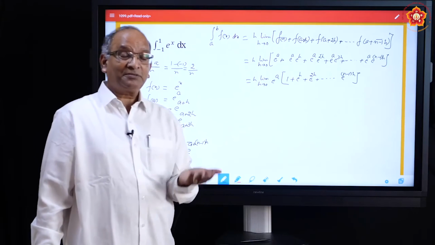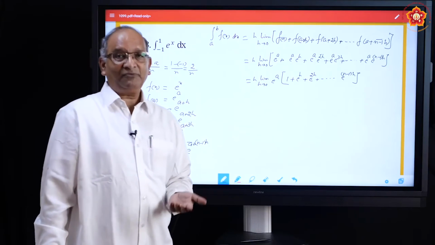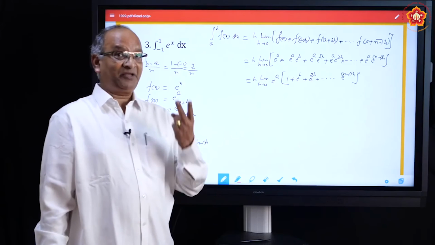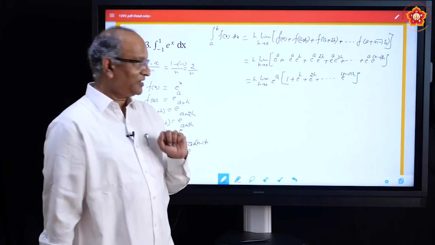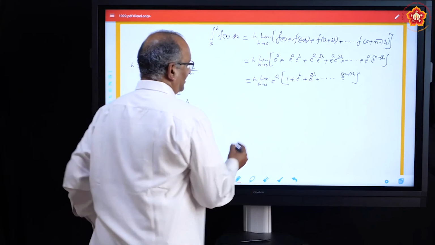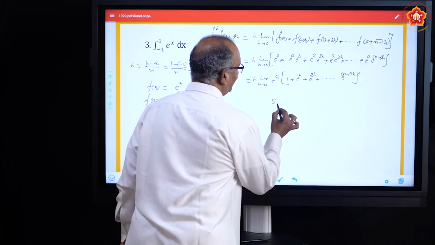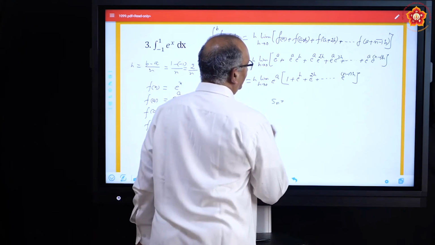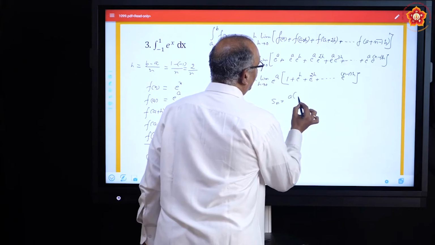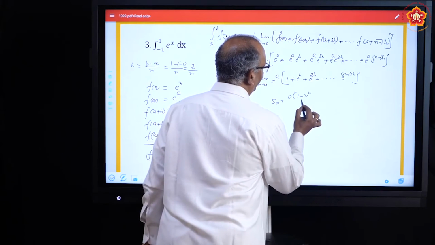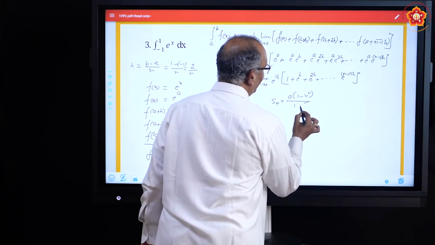So go back to the sum of n terms of a geometric series. We had two formulae there. What were the two formulae? The first one was Sn is equal to a(1 minus r to the power n) by (1 minus r).